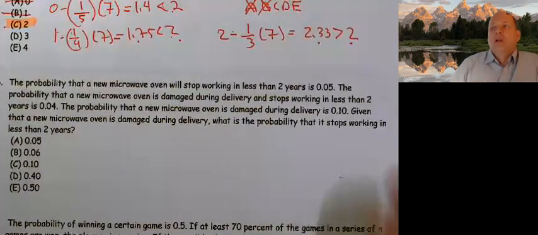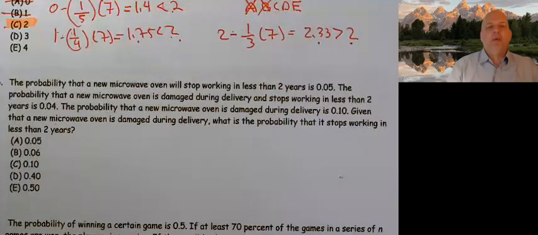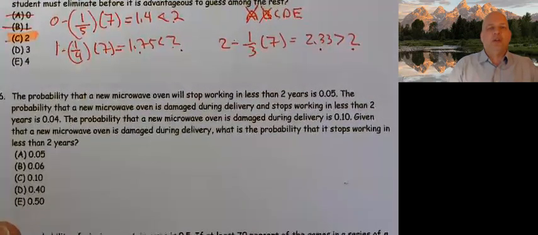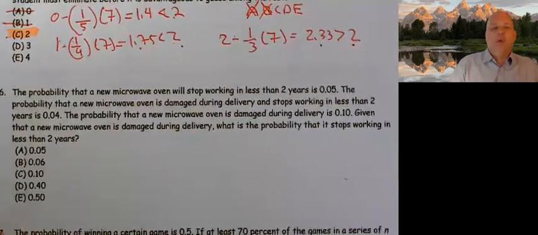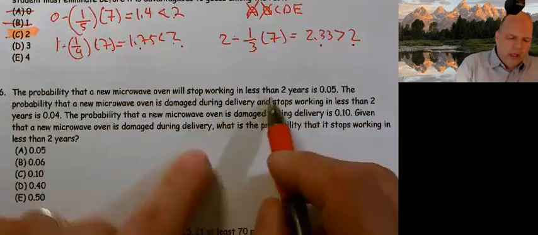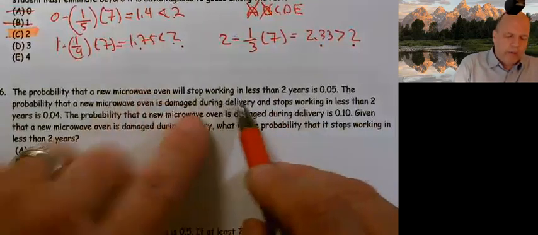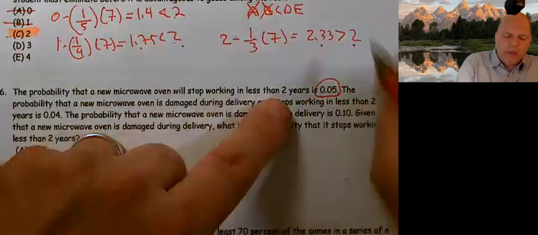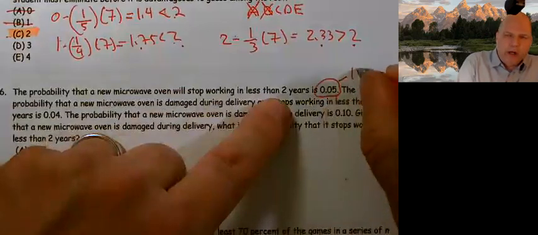All right. So we have basically a couple different variables at work. And when we have a couple different variables, I like to look at this potentially as a table problem. So when I look at these values, the probability a new microwave oven will stop working in less than 2 years is 0.05, and that happens to be associated with one variable.